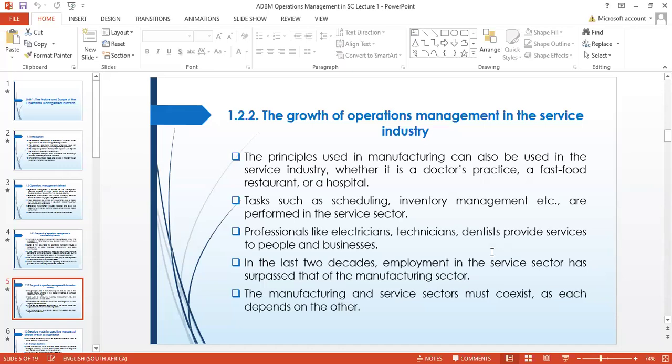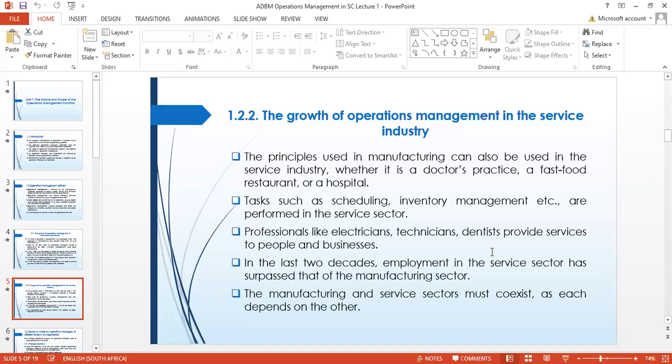So the service sector also has tasks such as scheduling of the operations. They have inventory management. And these are also there in the manufacturing industry. Because when you look at a hospital or a fast food restaurant, it buys raw materials or products that it uses to produce the food that you're going to buy. And those products that it buys is inventory.